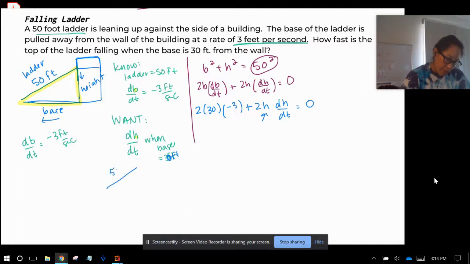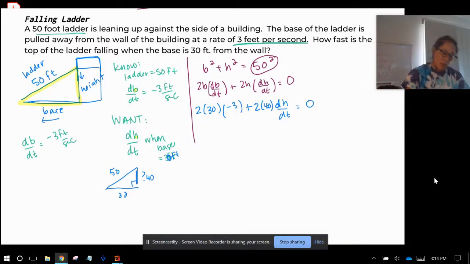I'm going to have my 50-foot ladder with my 30-foot base and my I don't know how high. Can you solve for that? That's a 3, 4, 5 triangle. So this is going to be 40, or you can use Pythagorean theorem to solve. So instead of that height, my dog is going nuts. Sorry. Okay, so 2 times 40, he just thinks he's tough. Because the height when the base is 30 is 40.